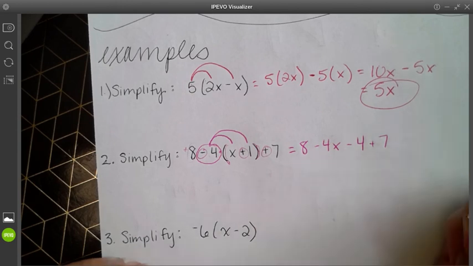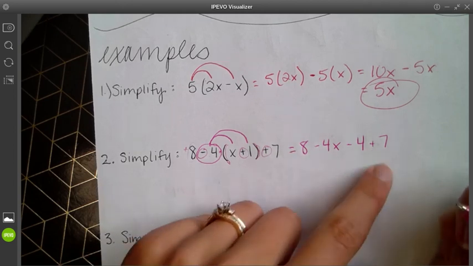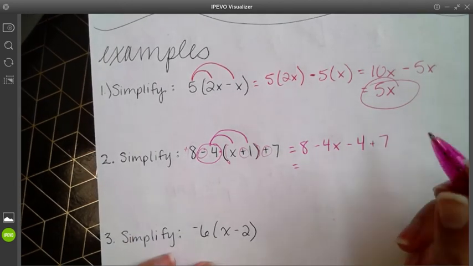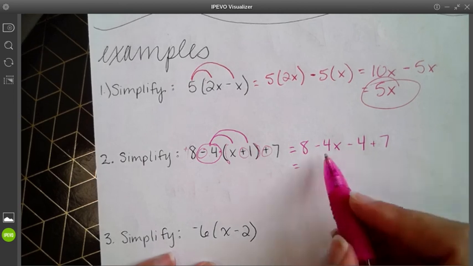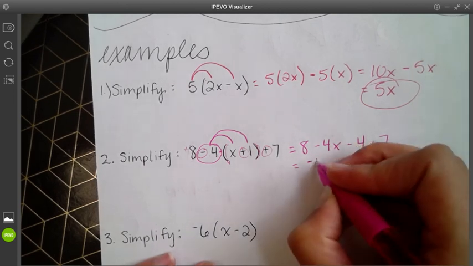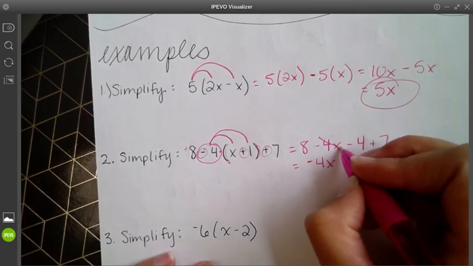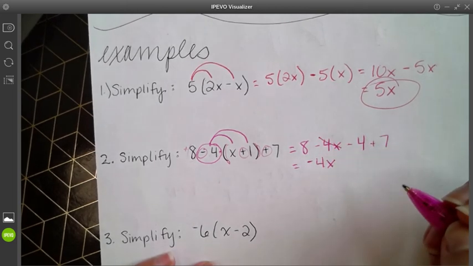All right, now we just have addition and subtraction, and we have some like terms in here. Okay, first we'll look for any like terms with variables. We have an x, but that's it. So I'm going to leave that as a minus 4x. Okay, I'm going to actually cross it off here too, so I know I'm done combining it with anything.